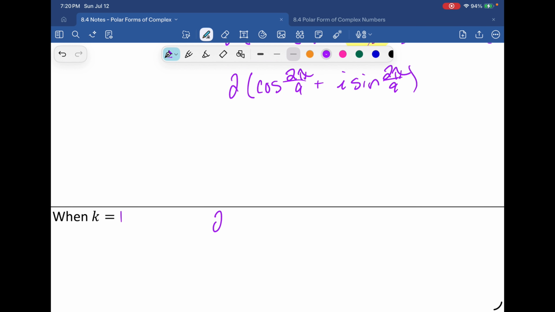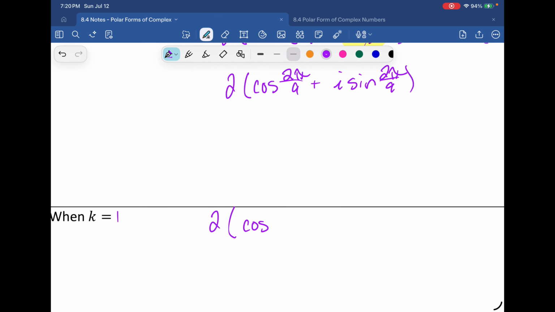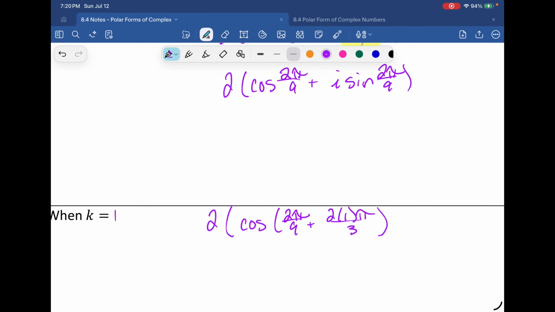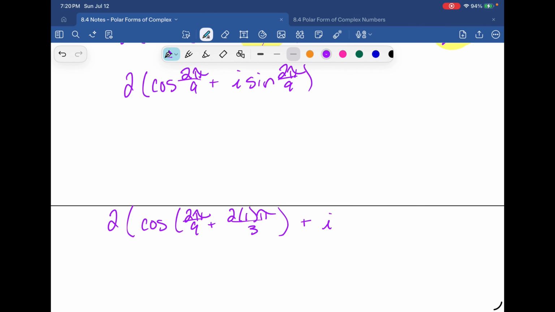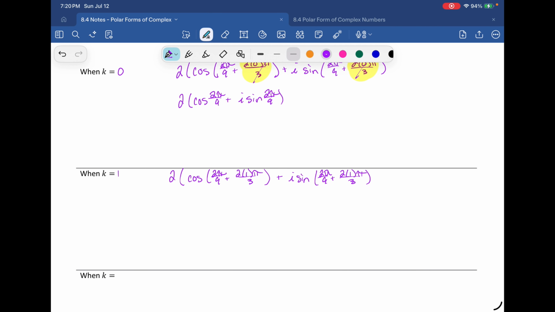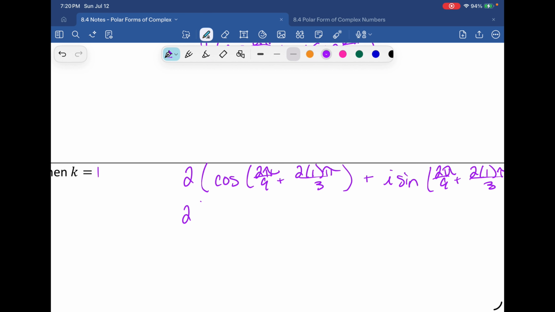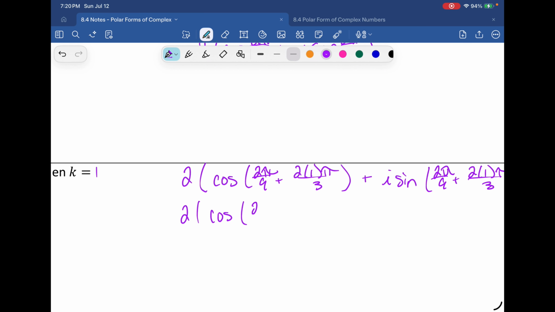All right, when k equals 1. So same formula. 2 times 1 times pi over 3, plus i sine 2 times 1 times pi over 3. So then what we need to do is add, we're going to get 2 pi over 3 here for both of these.